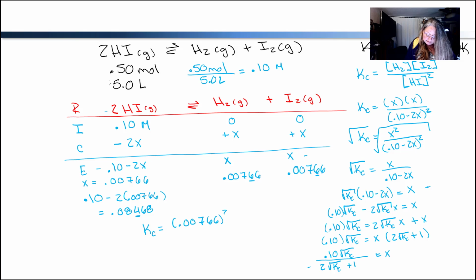So 0.00766 squared divided by 0.08468 squared. And again, that's because this bottom one was squared. HI and I2 are both the same. So let's go ahead and check that, shall we? See if my nervousness over did I button push that wrong is confirmed.